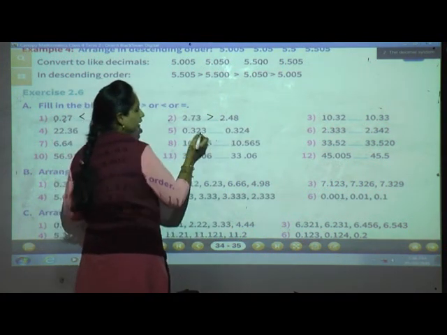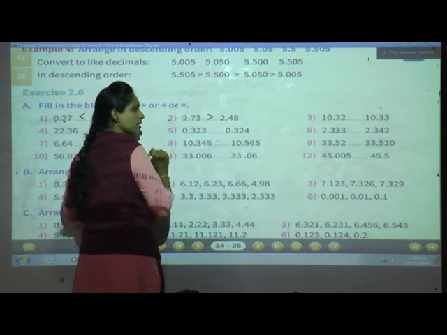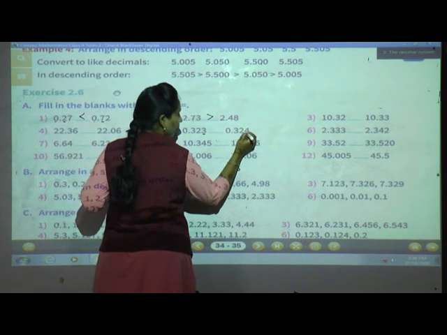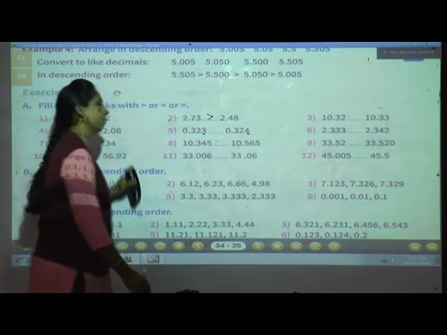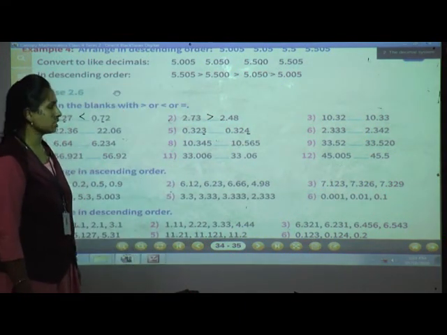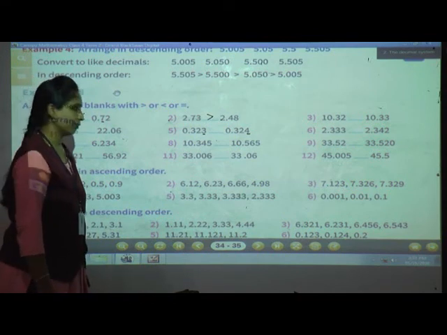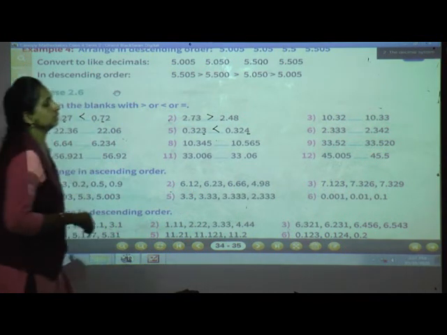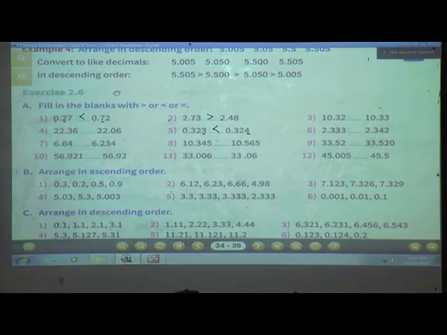Then we have to go with the hundredths place, again 2, 2 is there. Then we have to go with the thousandths place, here 3 and here 4. Now we need to compare. So tell me which is greater, 3 or 4? Of course 4 is greater, so give the arrow to 4. Clear? Yes, very good. Now next example. Now I will take the ninth one for you.